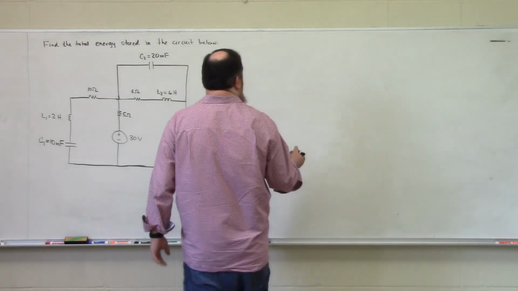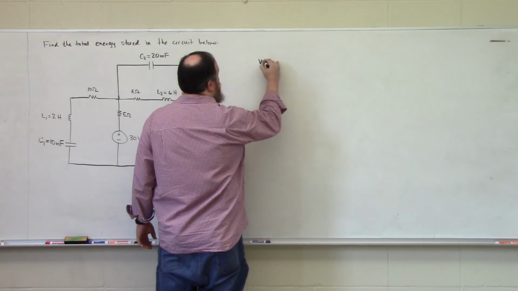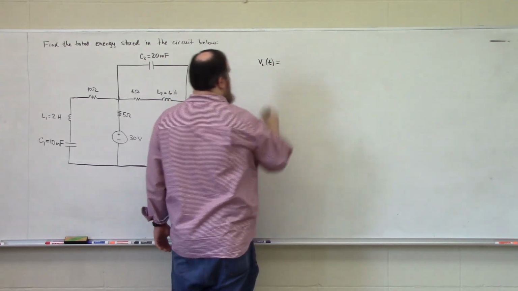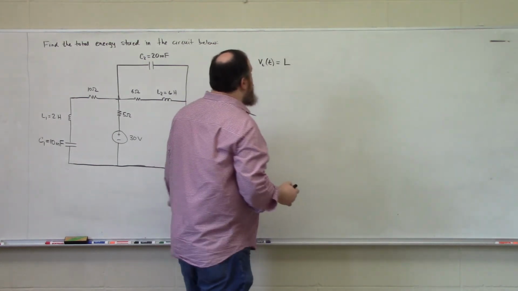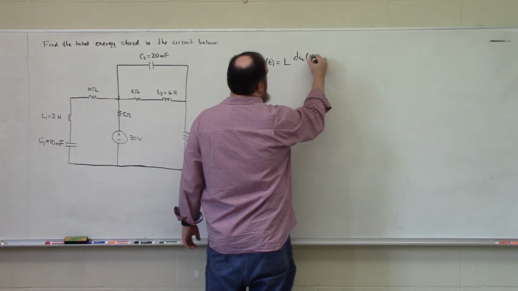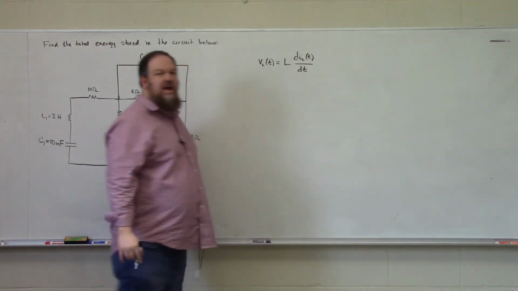Alright, so for an inductor, we know that the voltage drop over an inductor, VL, as a function of time, is equal to the inductor value L times the derivative of the inductor current with respect to time.